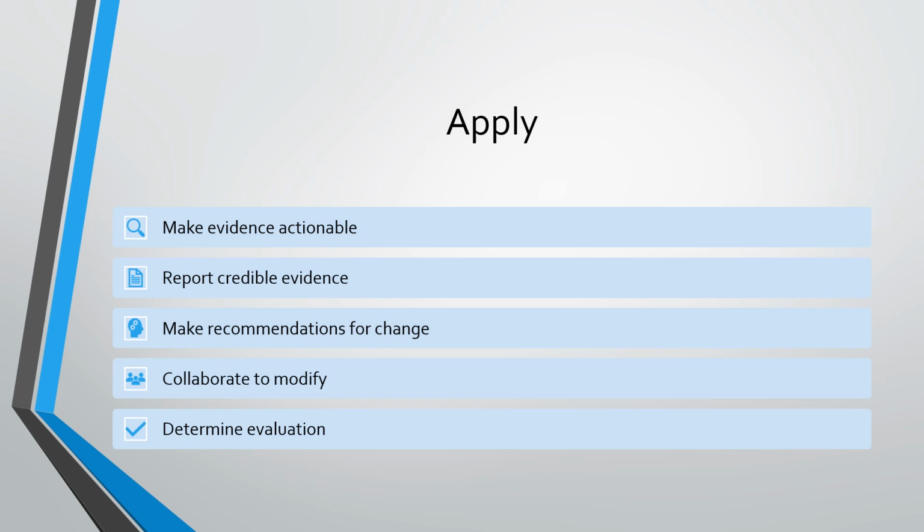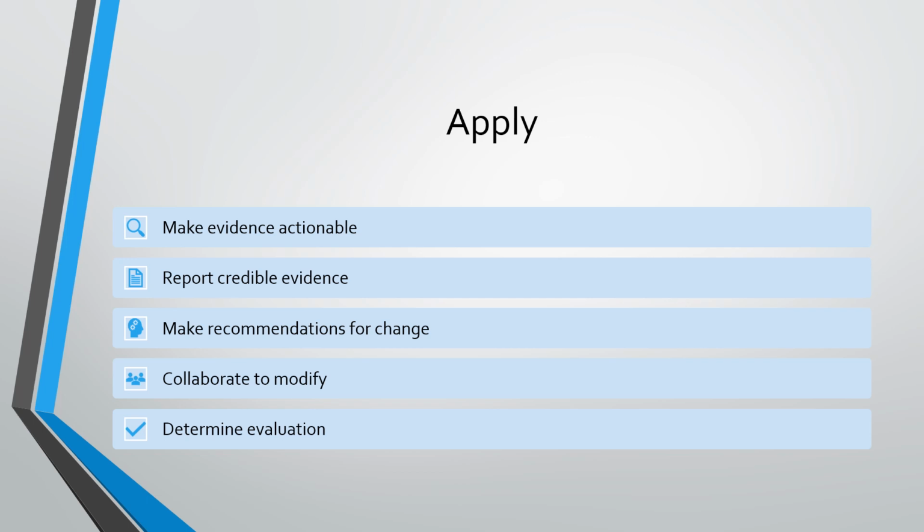Once we've gone through asking the question, acquiring the information, and then appraising the information or the practices that we found within the literature, we're going to want to apply it or to make it actionable. We do this by using the evidence to change practice.